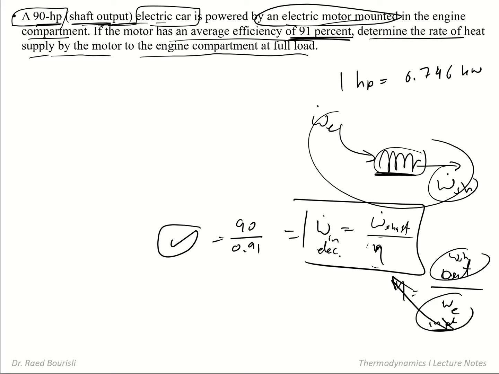Okay, so this is the electric work input. If you give the electric motor this much energy, it will give you shaft power. If you give it 90 divided by 0.91, so this is 98.9 almost.